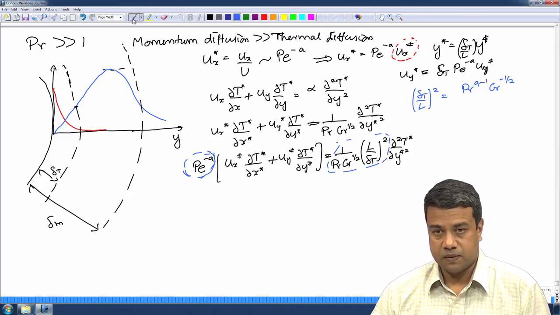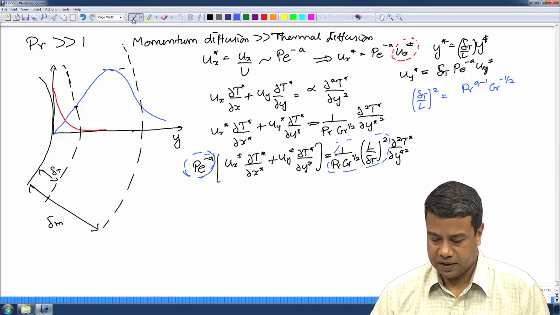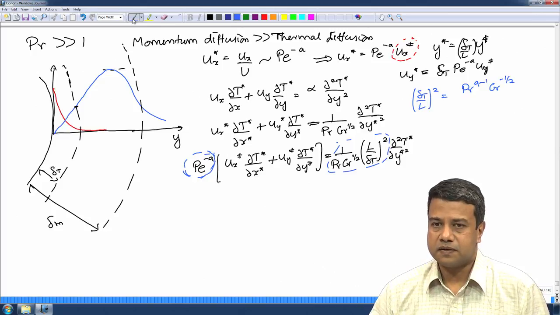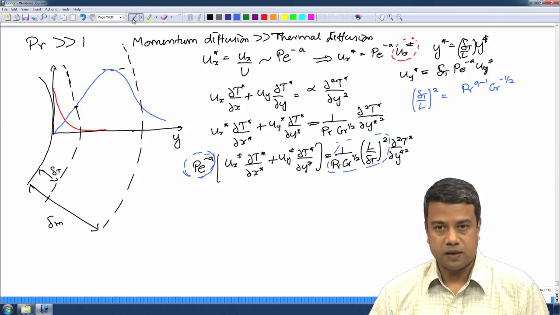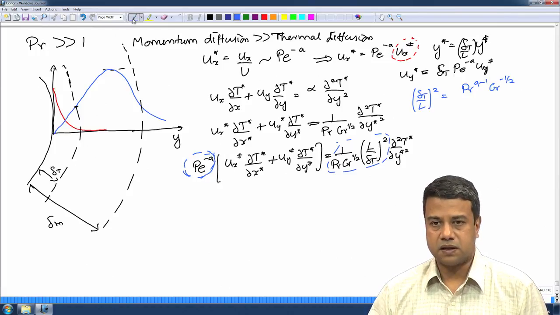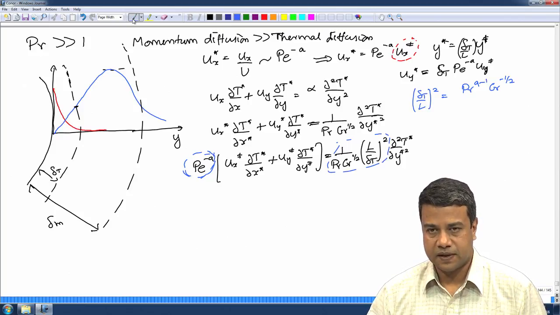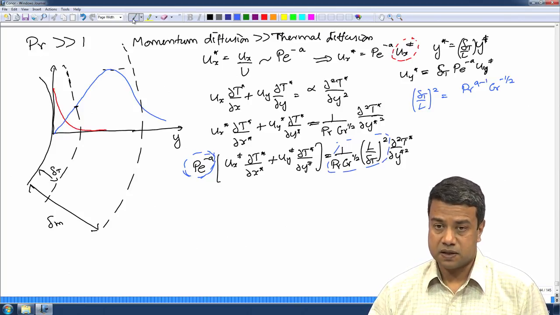Second relationship from the momentum conservation equation. In this case, the momentum conservation equation within the thermal boundary layer. The momentum boundary layer is much larger than the thermal boundary layer. Within the momentum boundary layer, viscous and inertial effects are of equal magnitude. The thermal boundary layer is much smaller.